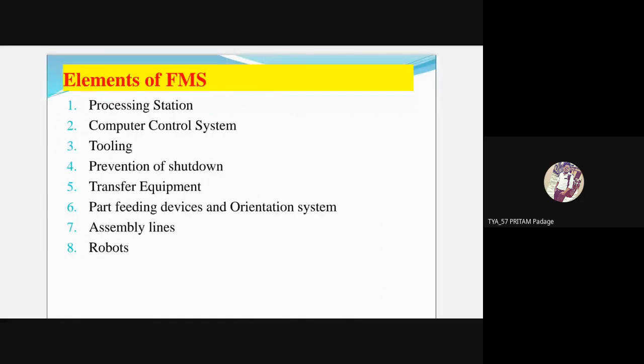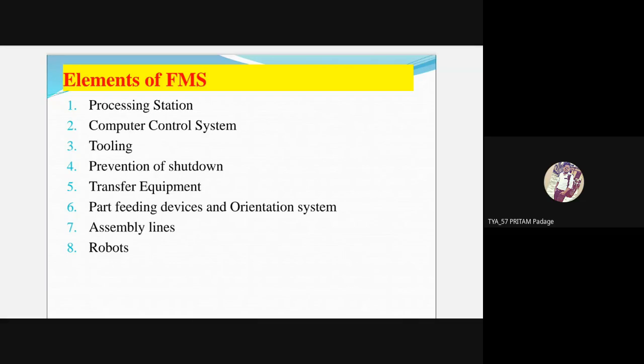Now we all should be ready for such type of study, such type of factors, elements. Now the sixth element is part feeding devices and orientation system. Part feeding devices and orientation system is nothing but a controlling element. Part programming, whatever knowledge will be there.